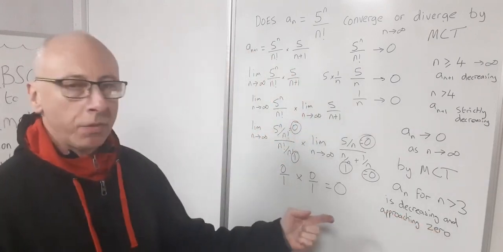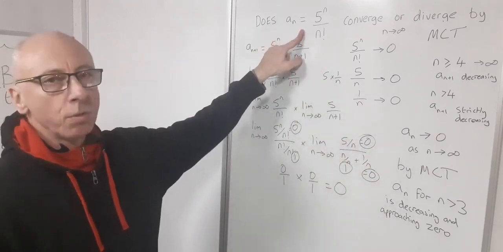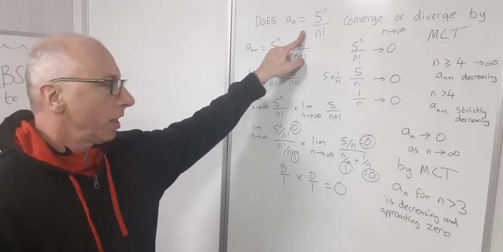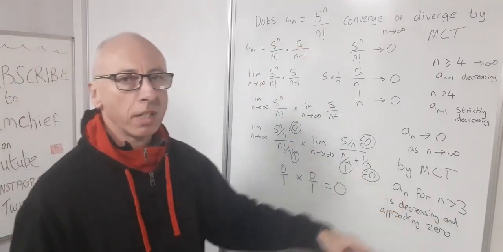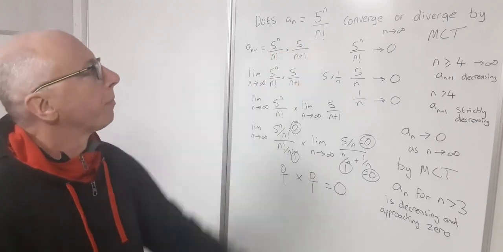So by the monotone convergence theorem, this sequence here converges to 0 and is strictly decreasing for n greater than 3. So therefore this sequence here converges to 0. Okay.